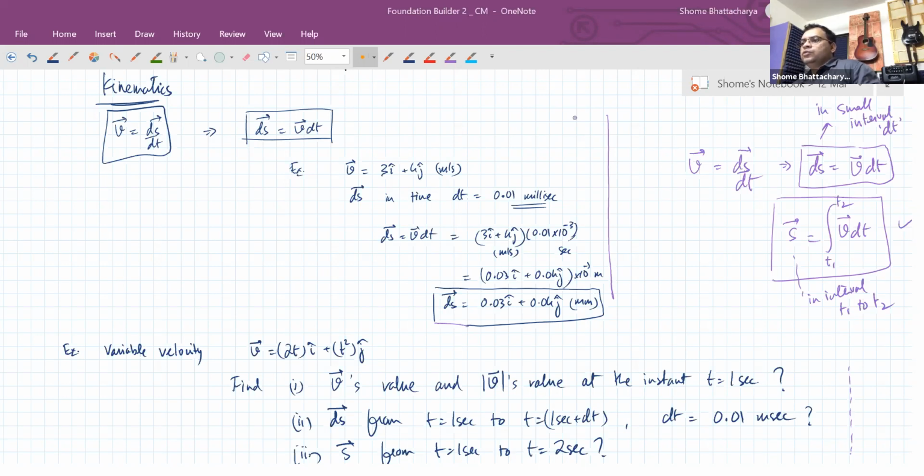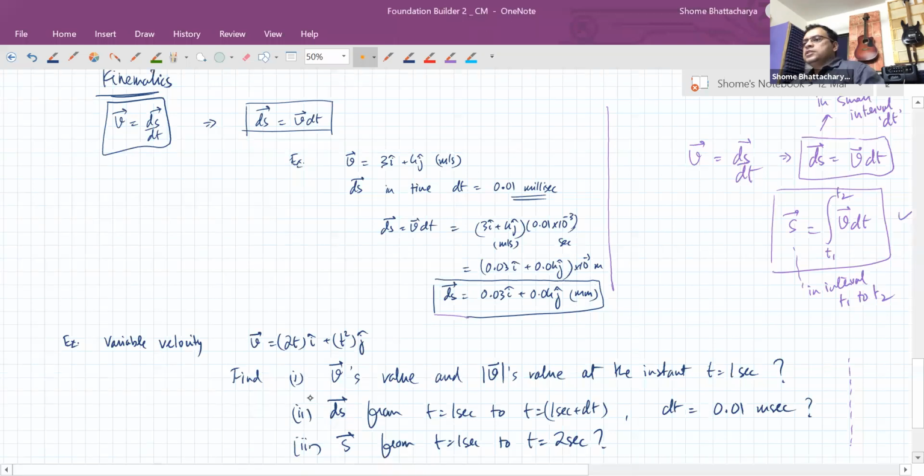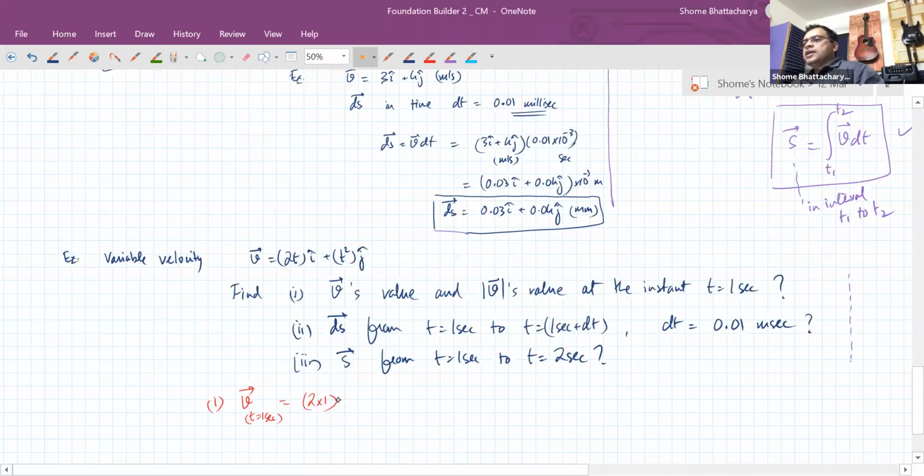Yeah, at t equal to 1 second, that's correct. The magnitude of velocity will become root 5. Velocity's value at t equal to 1 second will just be this now, 2 into 1 i cap plus 1 square j cap.